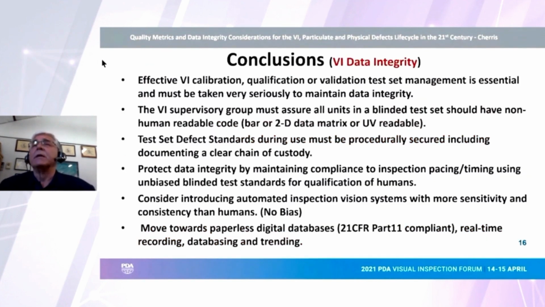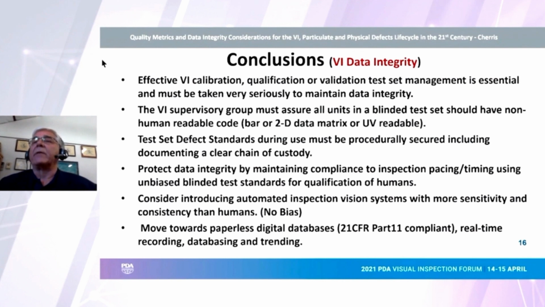So the conclusions based on visual inspection data integrity is effective VI calibration, qualification, and or validation is essential and must be taken very seriously to maintain data integrity. The VI and supervisory group must assure that all units are blinded in a test set and should have non-human readable code. Test set defect standards during use must be procedurally secured and documented in a clear chain of custody.